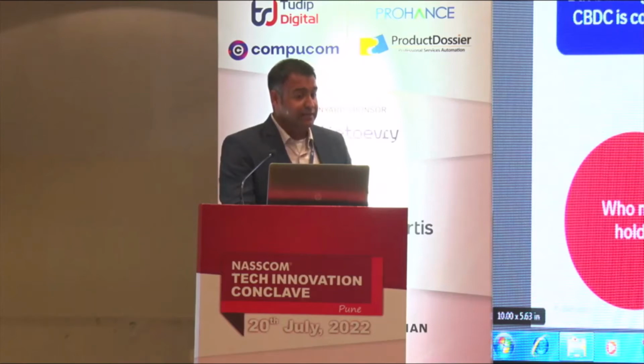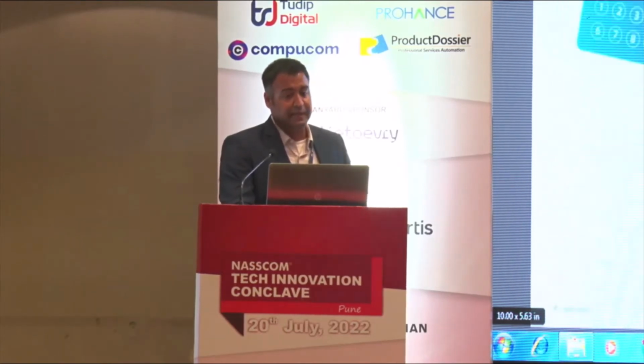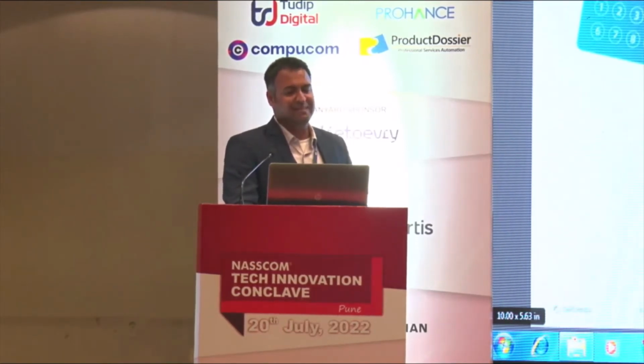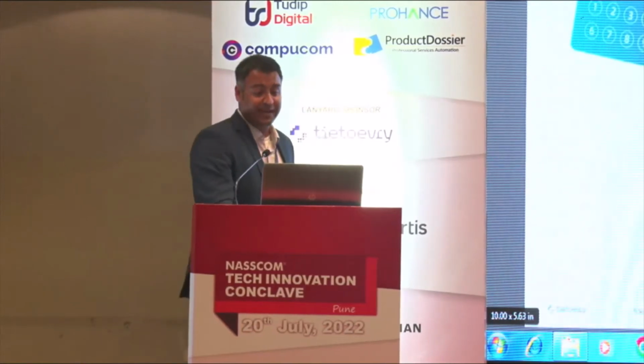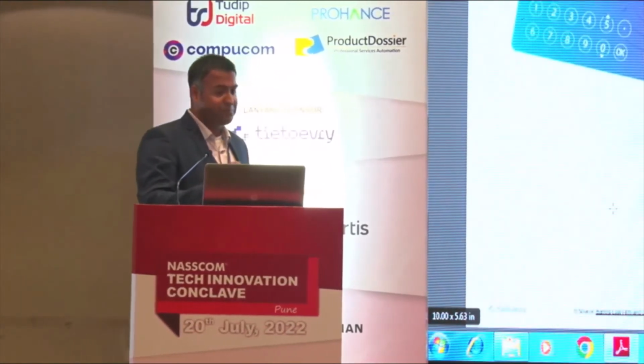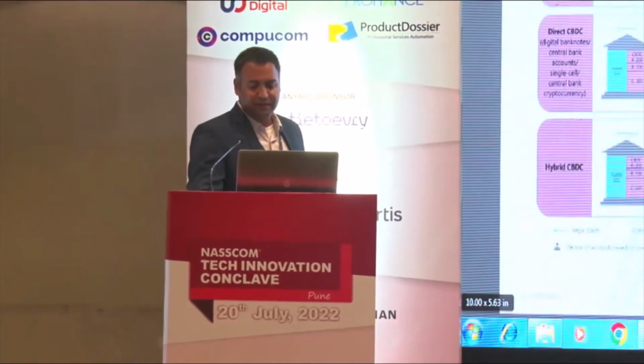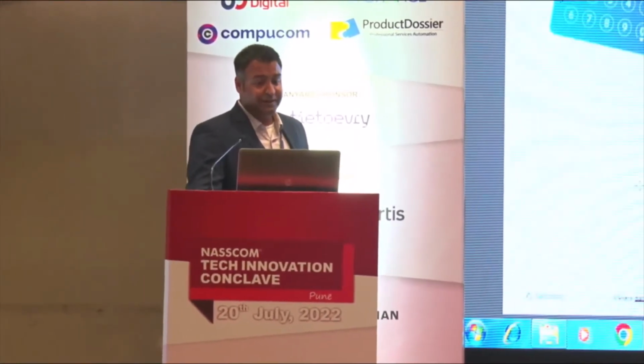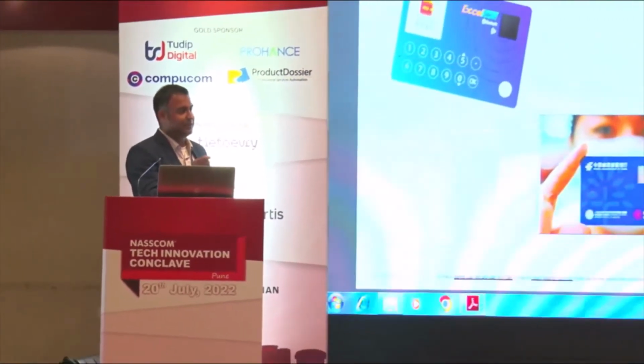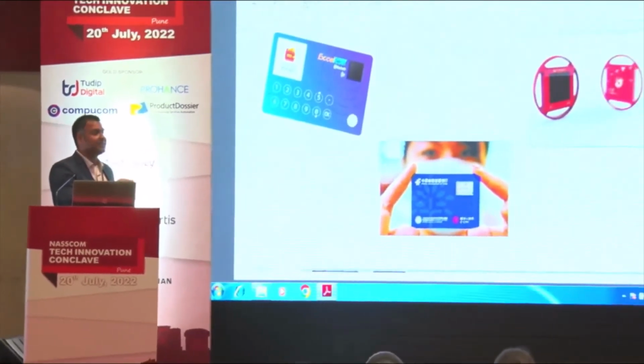We already discussed the design choices, and this is an example of how digital currencies would look. This picture is from China, from their pilot. As you see, you have a card which holds actual digital currency, which can be punched as you use.